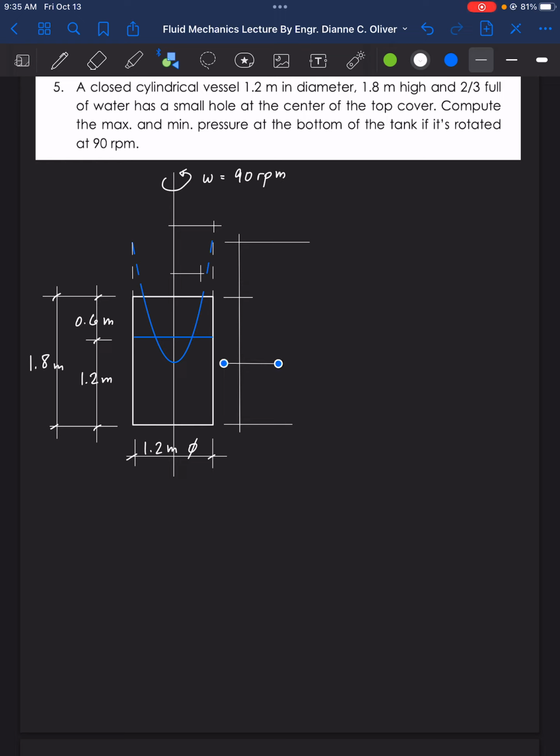So there's going to be another height here.